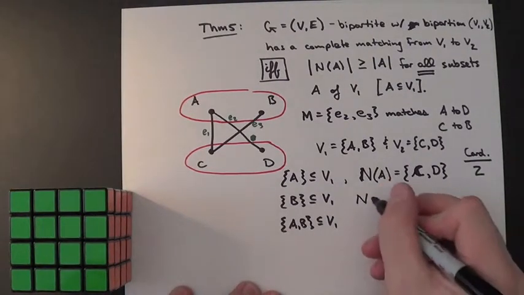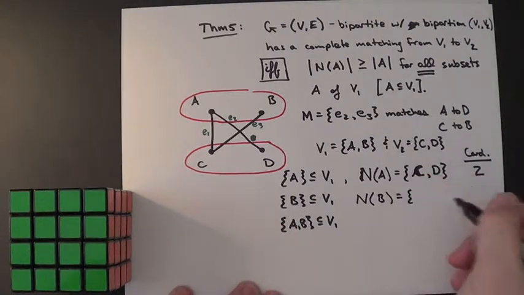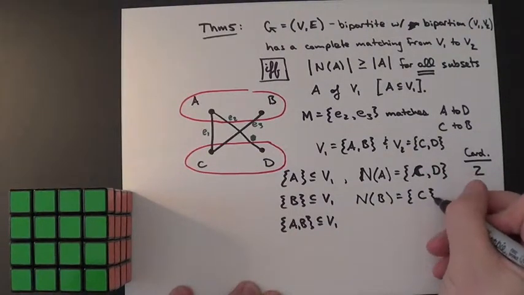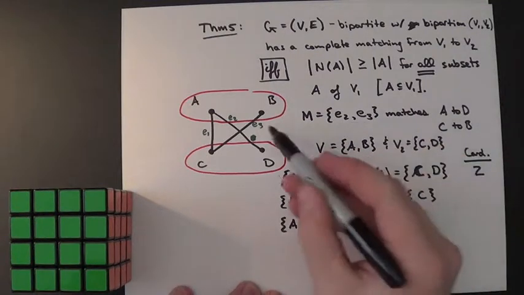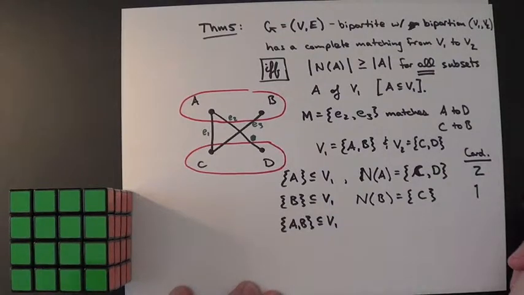Set of all neighbors of B. It's just the set containing C. B is only connected to C. So, cardinality 1.